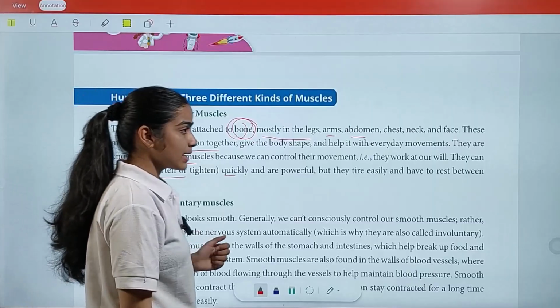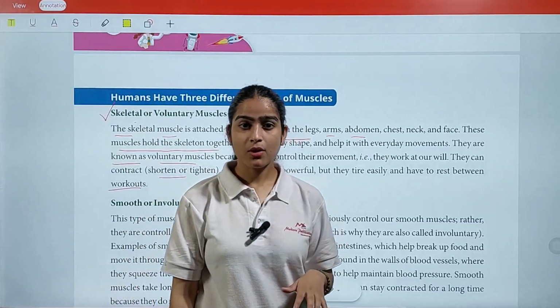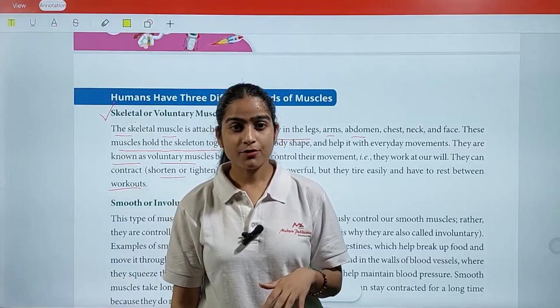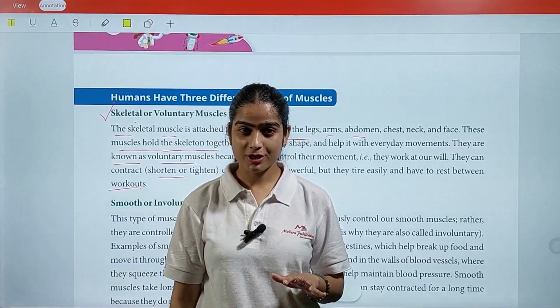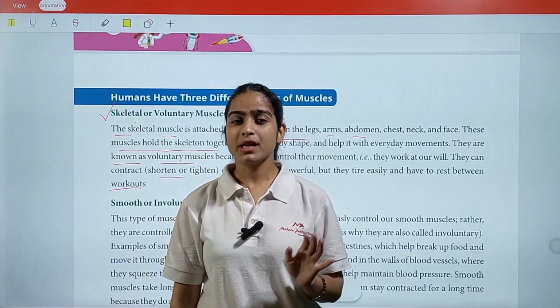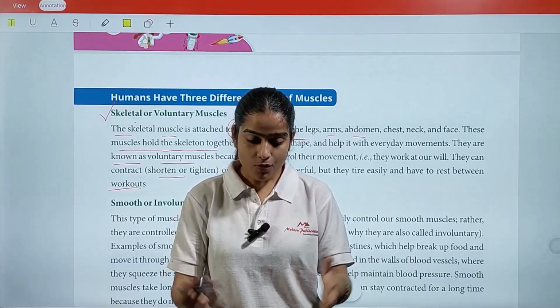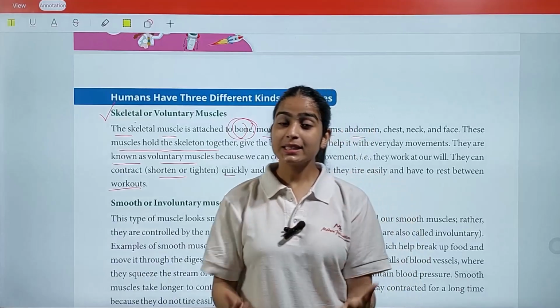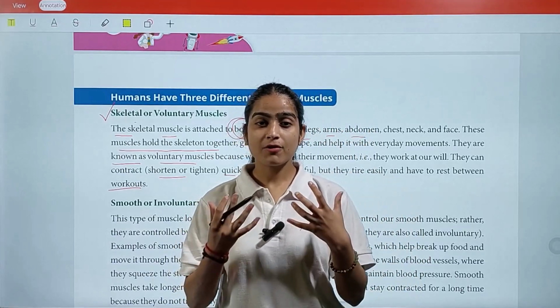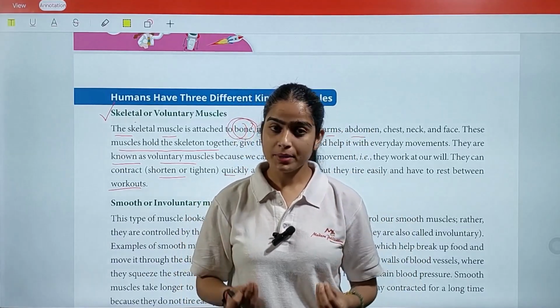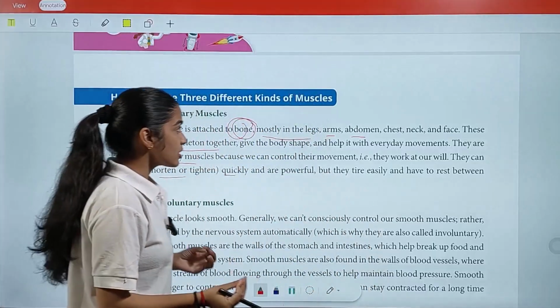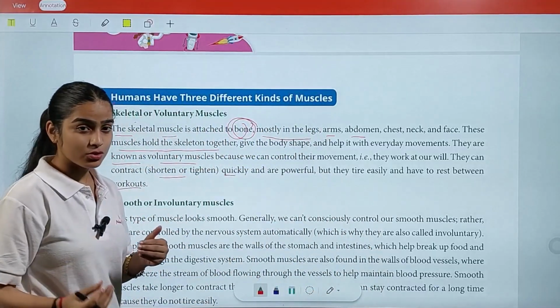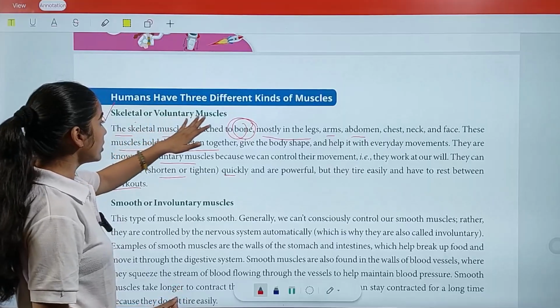So what we understand here is that when you blink, it's not your choice. It happens randomly. But I want to move my hand, I want to walk, I want to speak. This is my voluntary action, which is controlled by me. So the muscles which are controlled by you include your voluntary muscles.